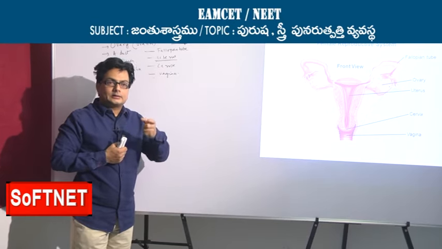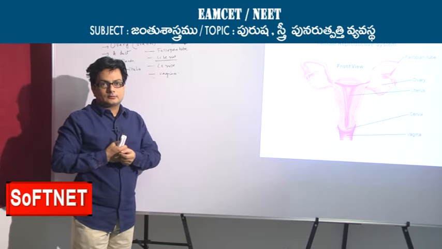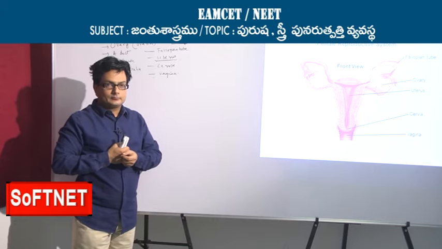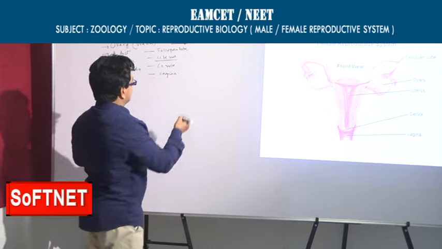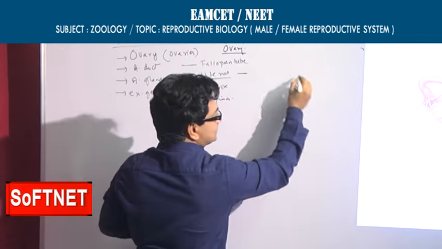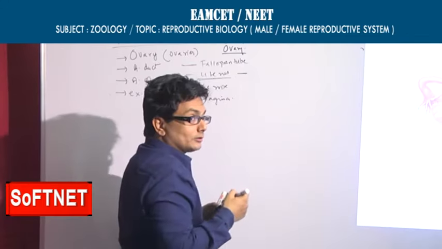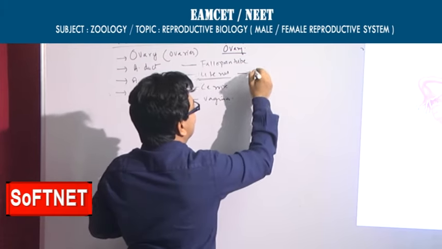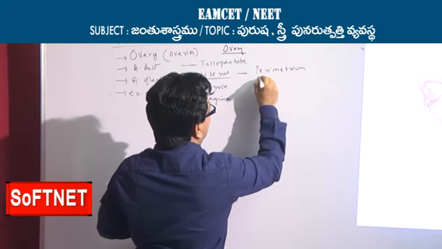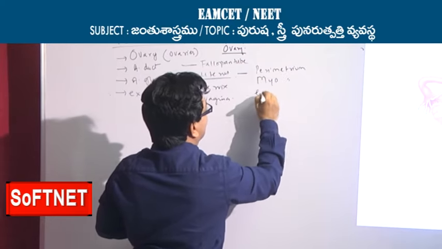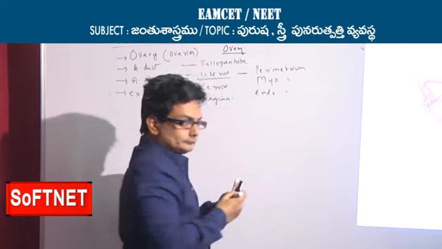What are the basic parts of the uterus? The anatomy, the wall of the uterus. See, the wall of the uterus needs to be quite muscular, thick. It will have these parts called the perimetrium, the middle myometrium, and finally the endometrium.